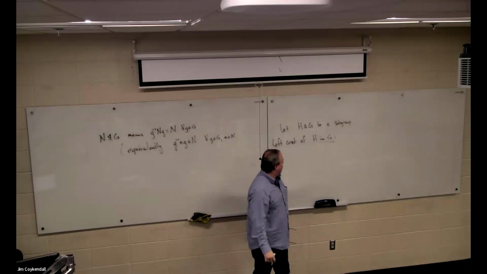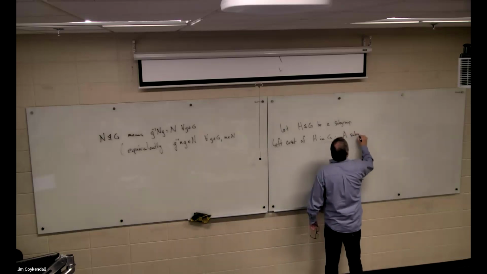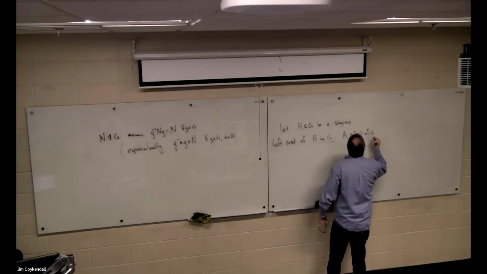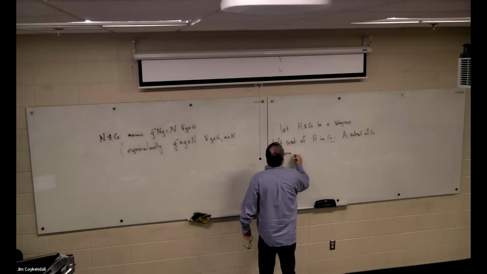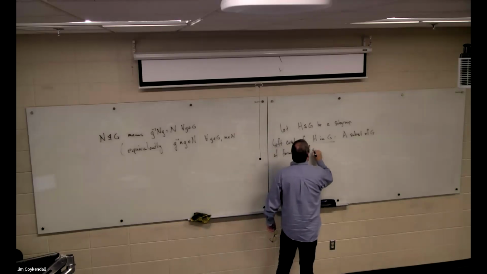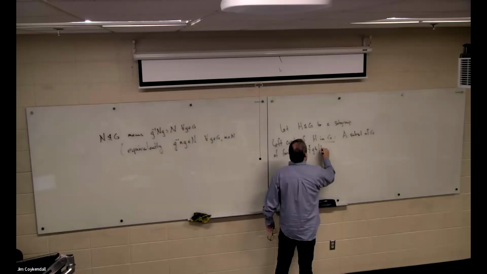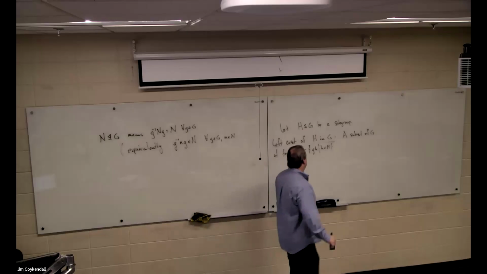What is a left coset of H in G? It is a subset of G of the form GH, for some fixed G in G.